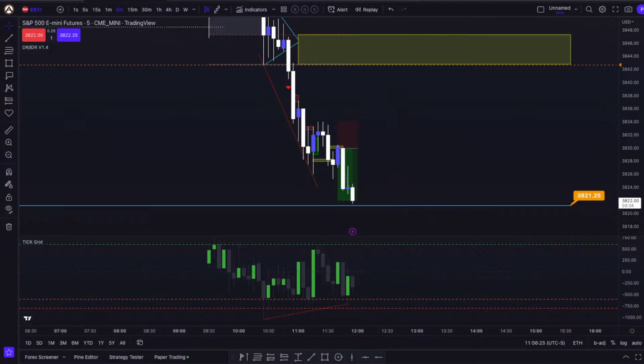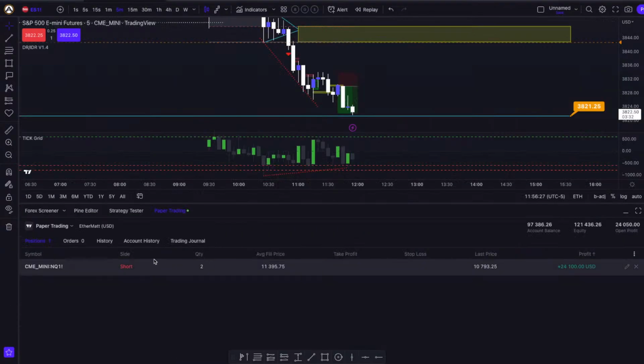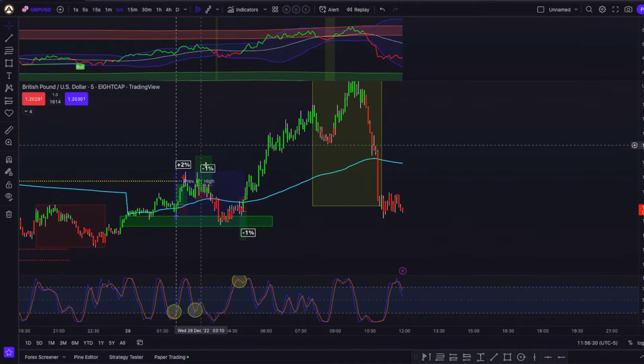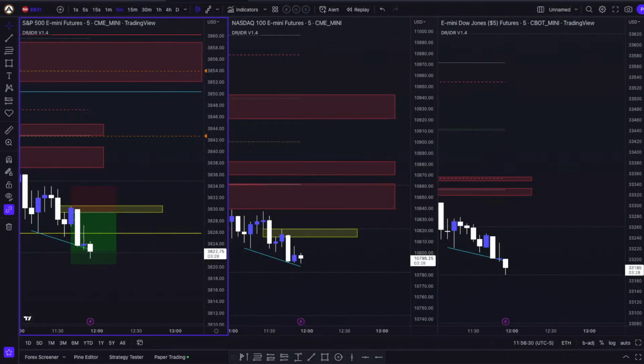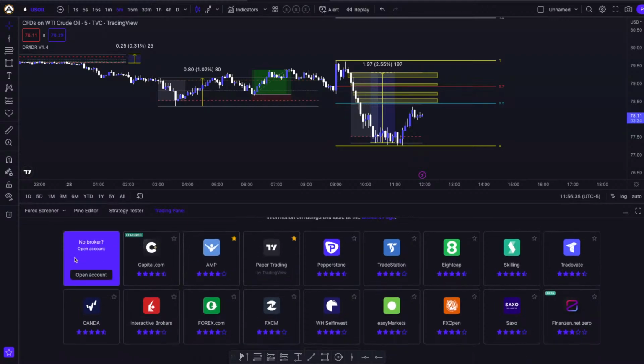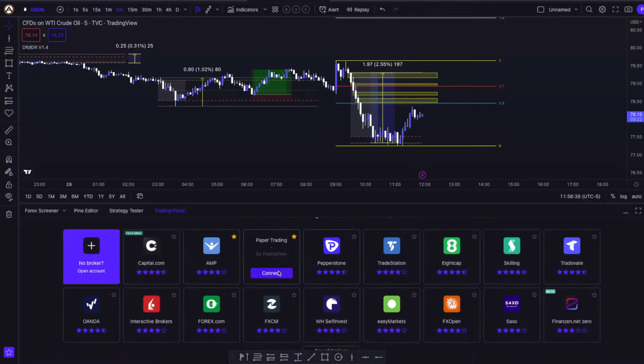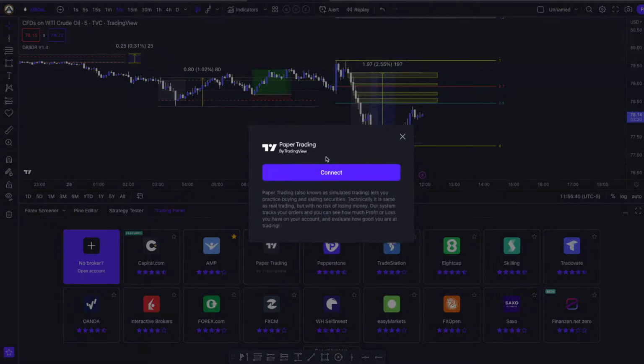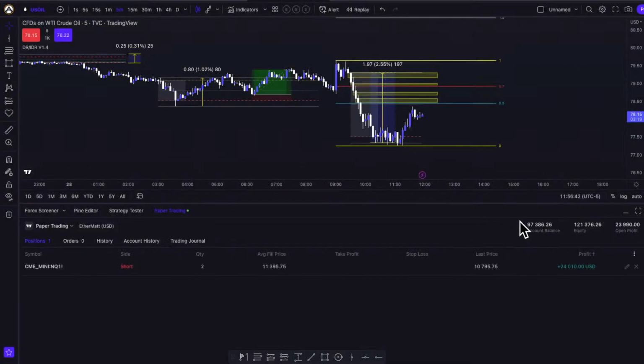Paper trade, so with paper trading, you simply go on, where did I do that? US oil, trading. If you go on trading panel with TradingView, all you have to do is search for paper trading by TradingView. You click on connect, you connect your account, and then you're connected to a paper trading account.